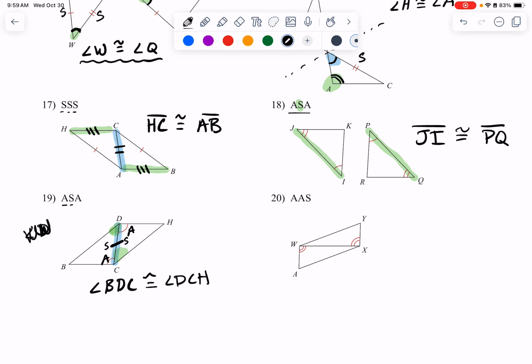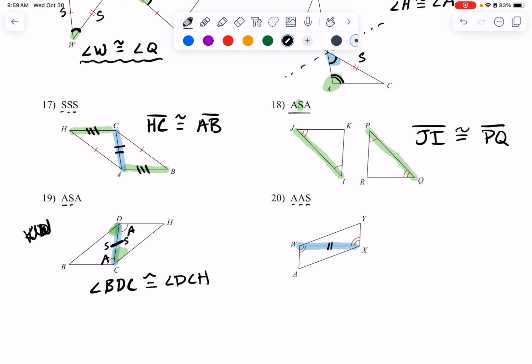All right, for our last one, it's actually kind of similar to what we just saw, except it's looking for a slightly different pattern. We can go ahead and mark the segment in between for free because it overlaps. That's the reflexive property.